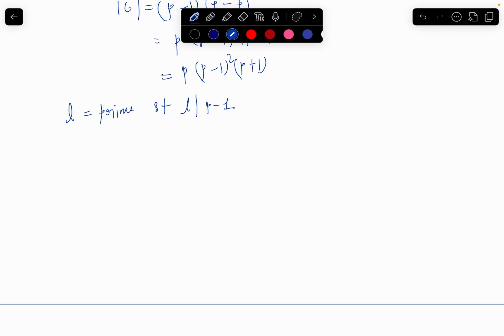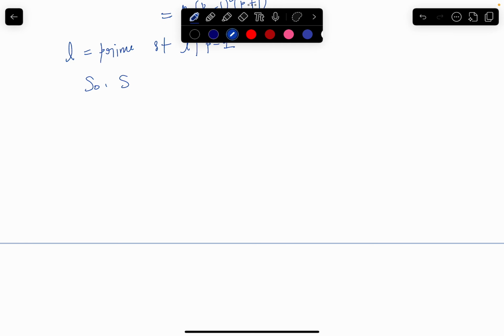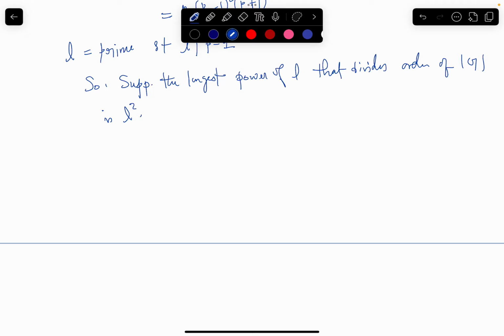And suppose that the largest power of l that divides the order of the group G is l squared.